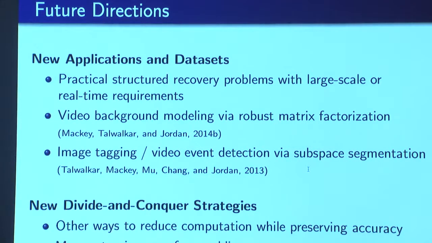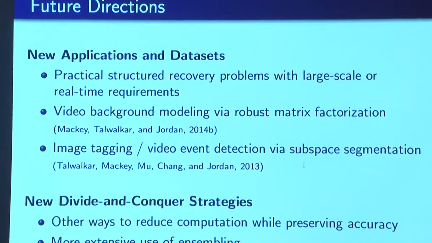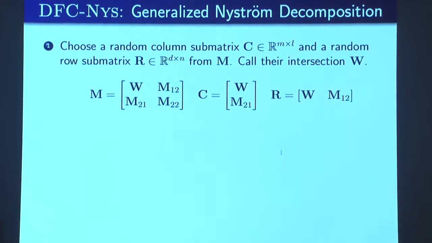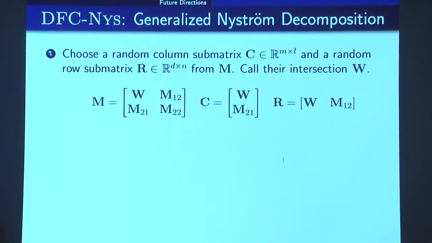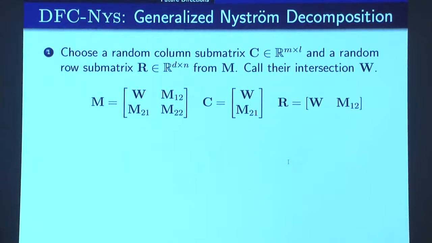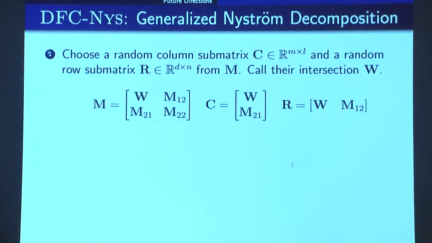We're also interested in new divide and conquer strategies, other ways to reduce computation while preserving accuracy. To give you an example of another method that we can analyze, it's what we call the DFC-Nyström, a generalized Nyström decomposition.